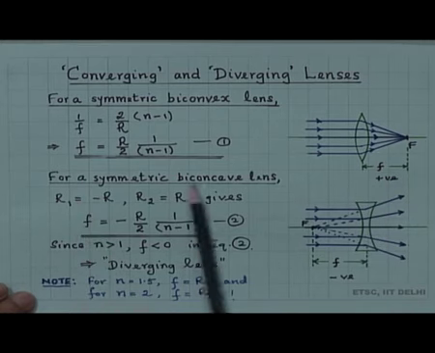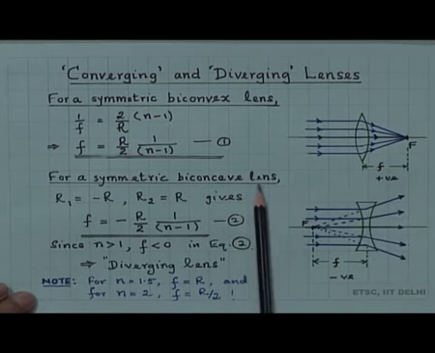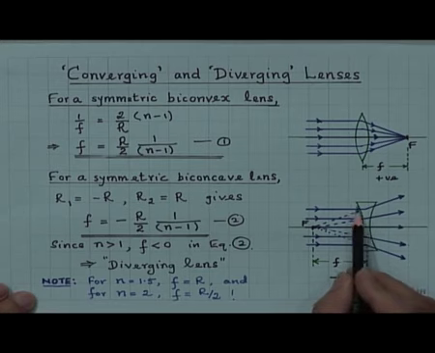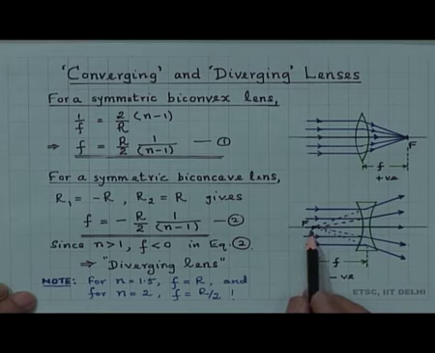Now for a symmetric biconcave lens, here is a biconcave lens. We can see that this is R1, the first surface, and the second surface is R2. R1 has its center of curvature on this side, therefore its radius of curvature is negative.